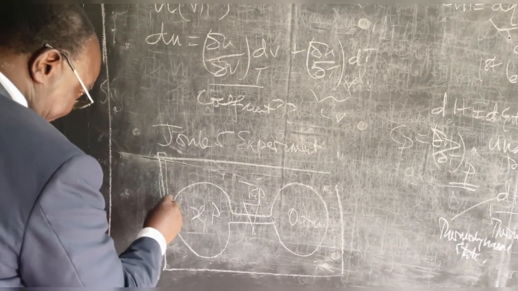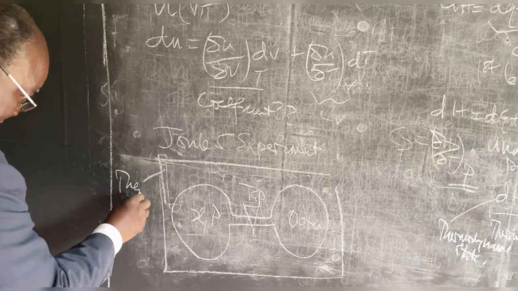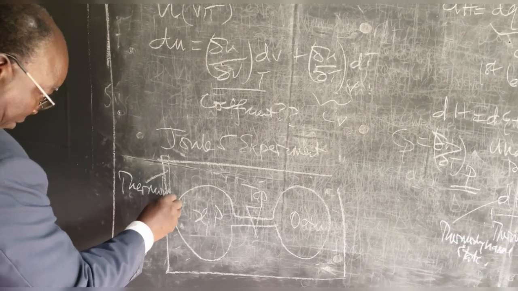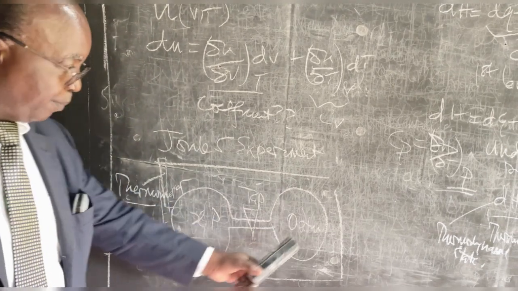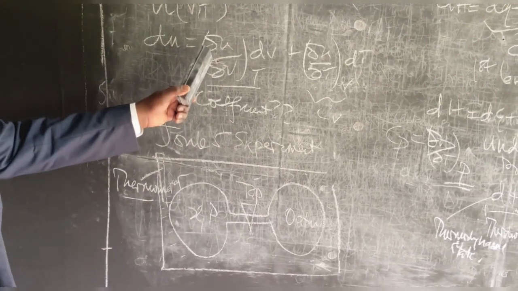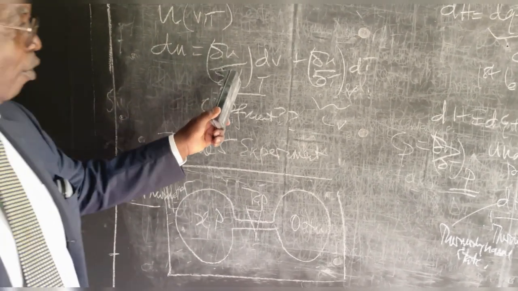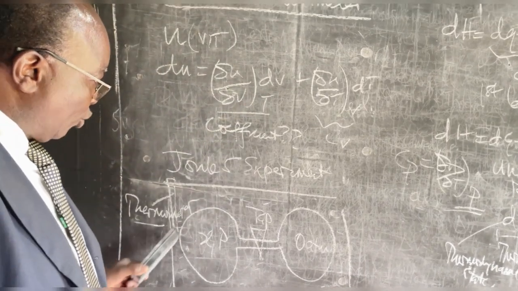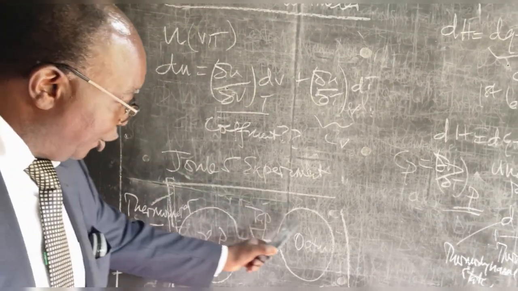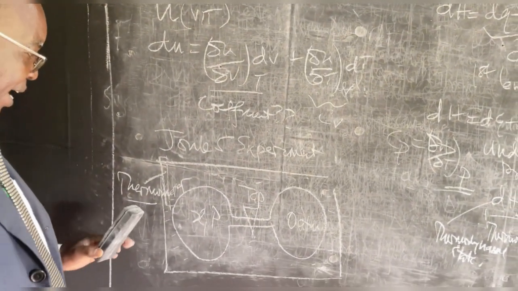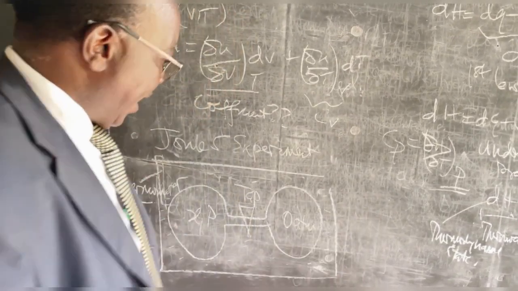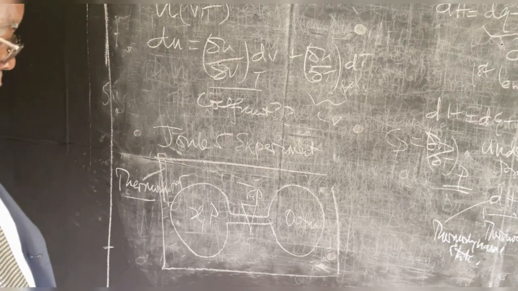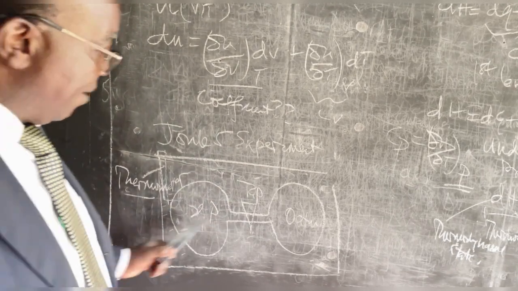So what is the thinking behind this experiment? We are looking at how internal energy will vary with volume at a constant temperature. If you have this flask filled at some pressure and you have an evacuated flask, when you open this tap there will be a volume change.